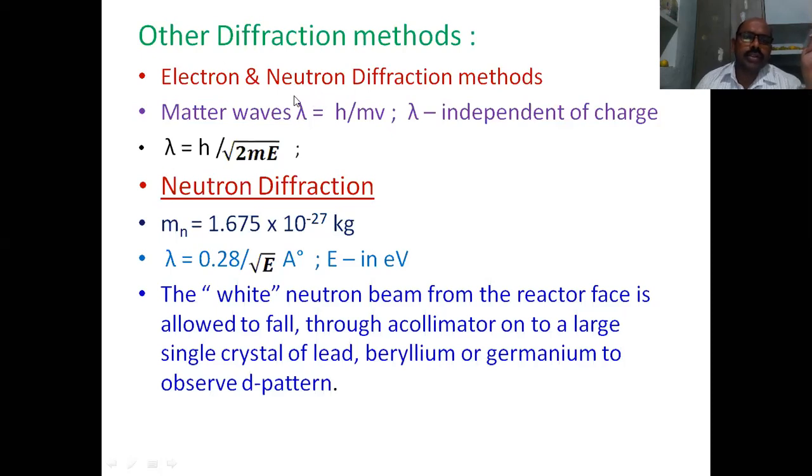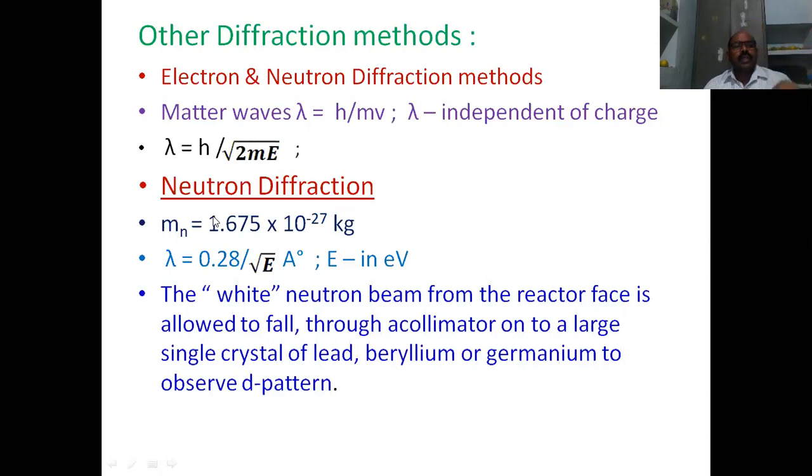If they have some velocity v, and the energy E is half mv square, then replacing that in the equation, lambda is equal to h by under root 2mE. So it is the wavelength expression in terms of energy.